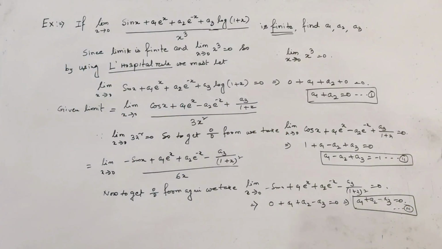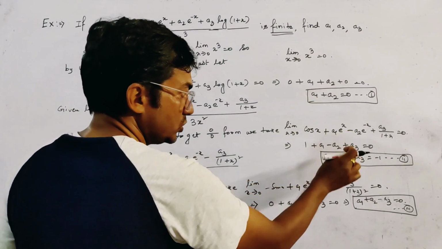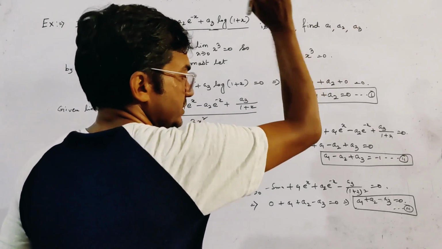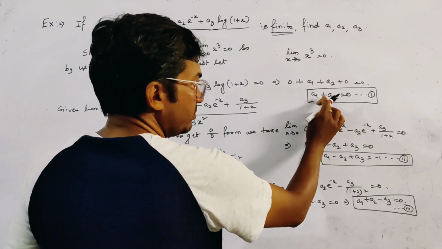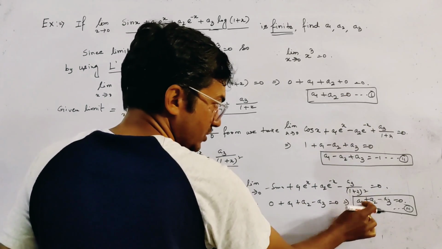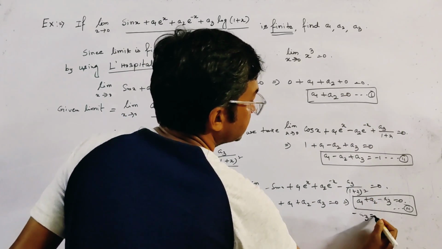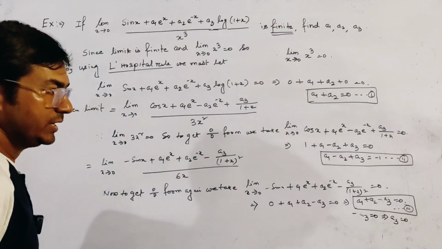Now we have to solve relations 1, 2 and 3 to get the values of a1, a2, a3. We first put a1 + a2 = 0 into relation 3. So we get a3 - a3... that is, a3 = 0.